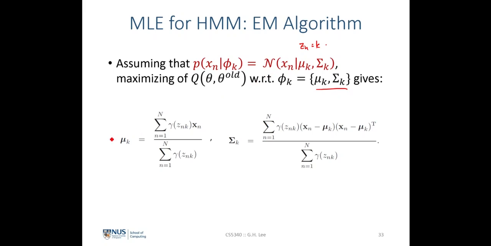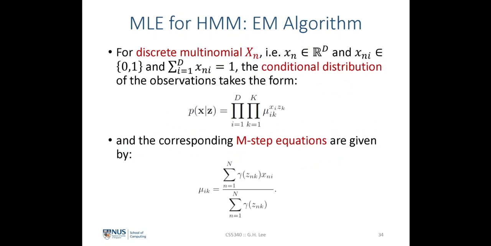By doing this, we'll get mu k given by this expression over here, and sigma k given by this particular equation over here.